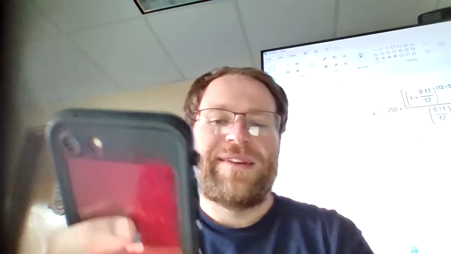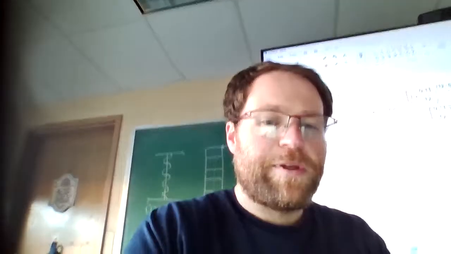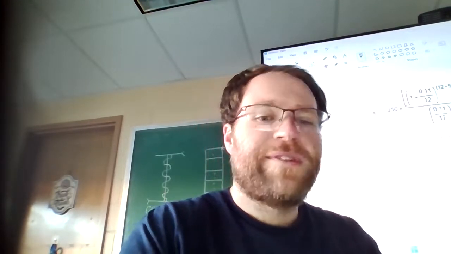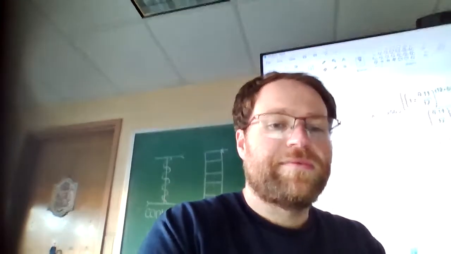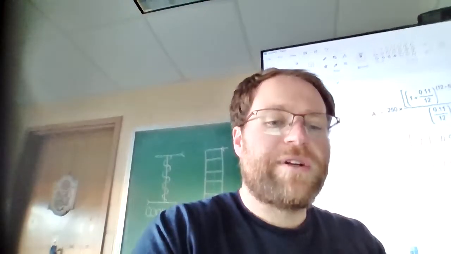But then you can add 1 to that, right? So it should be 1.0091666 repeating. Okay. And if it's repeating there, I can just do that for the notation, the 6 with a bar over it, raised to the 60th, minus 1, all over 0.11 divided by 12.